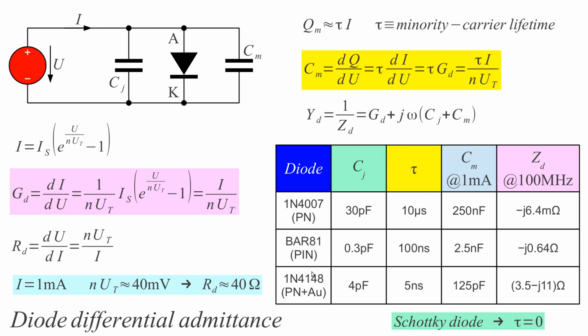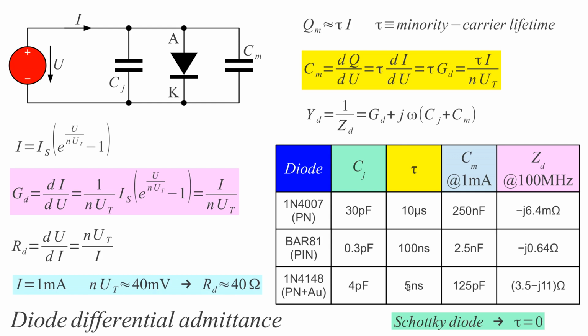What makes fast diodes out of silicon? Still, we have a PN junction in the 1N4148, right? This is a very well-known small signal silicon diode. But besides the PN junction, it also has gold doping of the silicon. Gold doping reduces the minority carrier lifetime just to 5 nanoseconds.